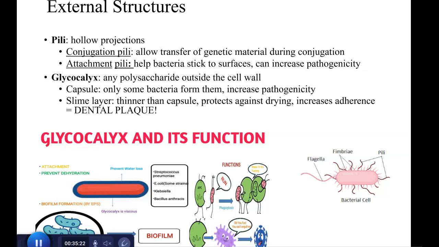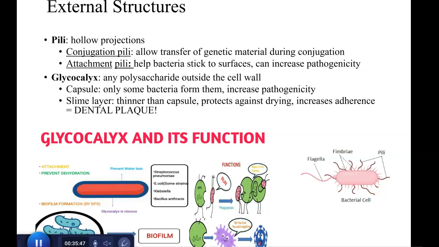In order to do that, they would need a conjugation pili. And so we'll be talking a little bit more about that process. Some of these pili can actually be attachment pili. So almost like these little stickers that allow them to stick to surfaces. If a bacteria can stick to a cell, that means it's going to be more dangerous to that cell, and that means it can be pathogenic.